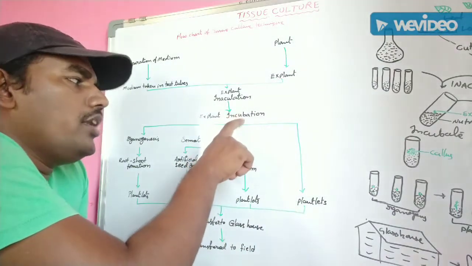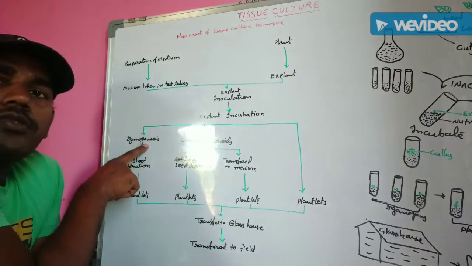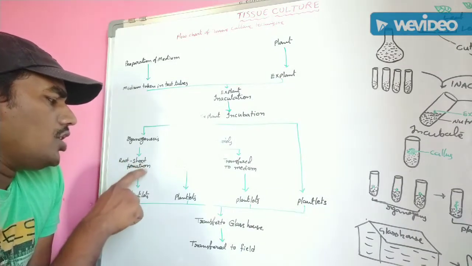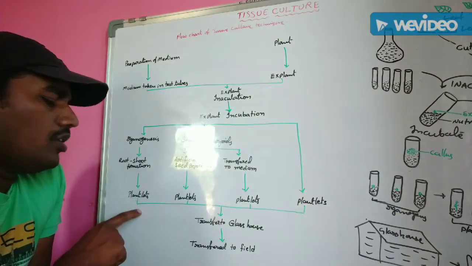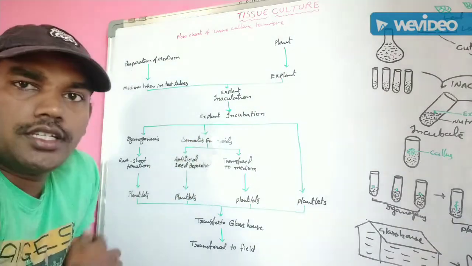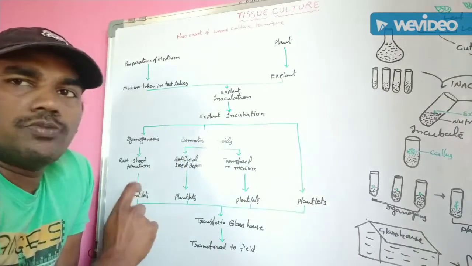After the incubation period, this explant forms organogenesis, like root and shoot formation, and develops into plantlets. Sometimes somatic embryo-like structures are formed from this explant.